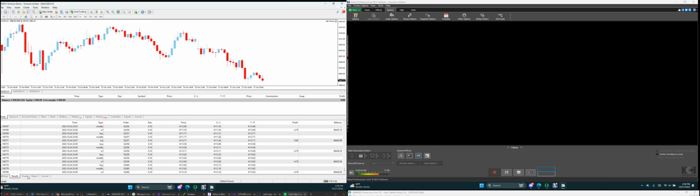But you got to look at how many trades it took. It took a lot of trades. That's a good thing because it's working 24 hours a day, from the time the market starts till the time the market closes.